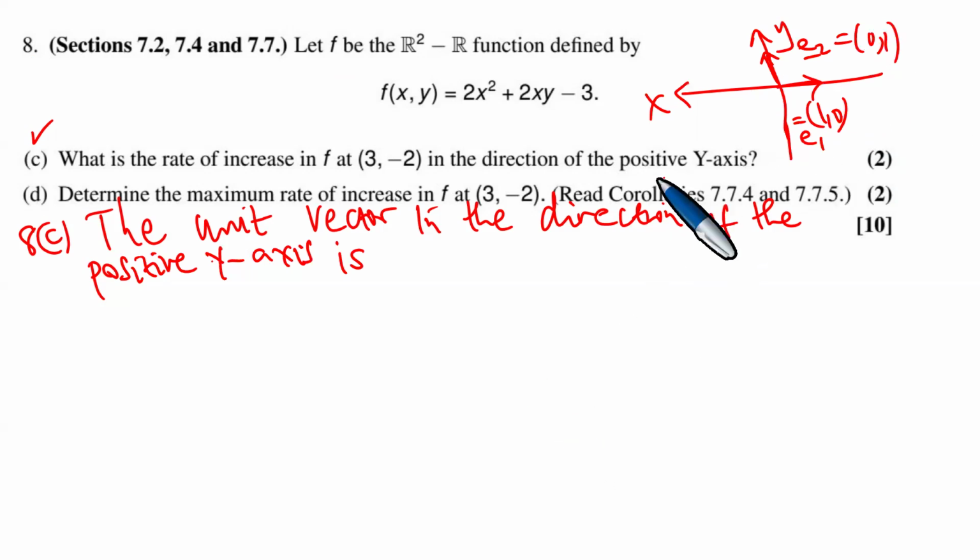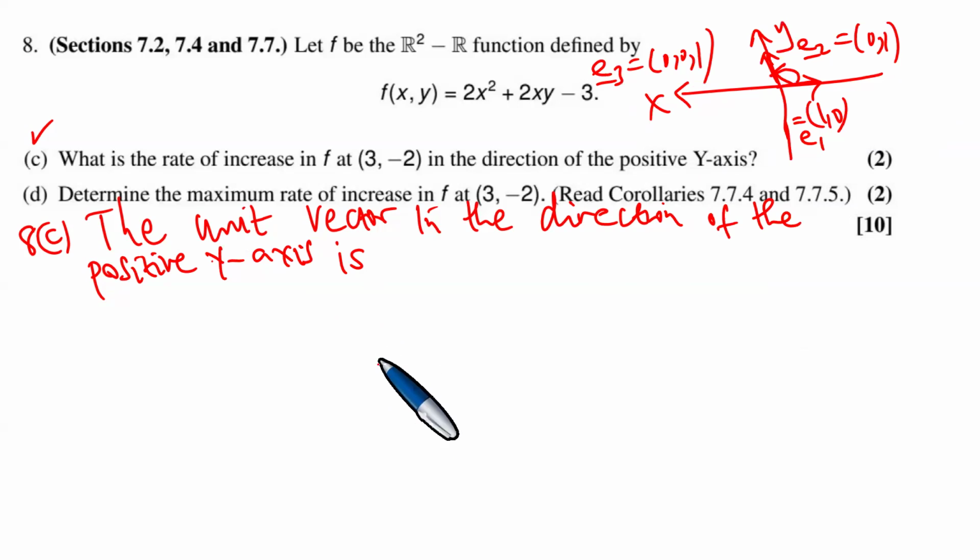So the positive y-axis is this one, and you're able to see the angle there. So we use a vector that is in that direction. In the positive x-axis, it will be the vector 1, 0, but in the positive y, it will be 0, 1. With a z component, it would be 0, 0, 1. So E3 would be 0, 0, 1.